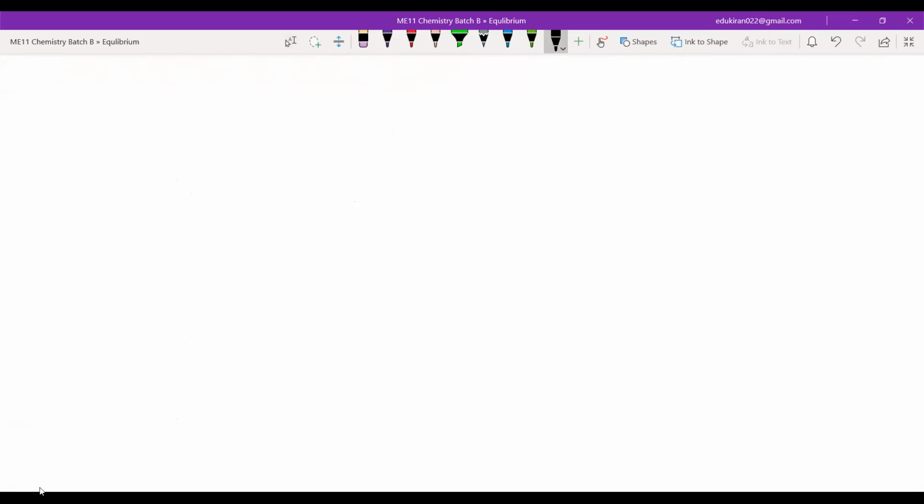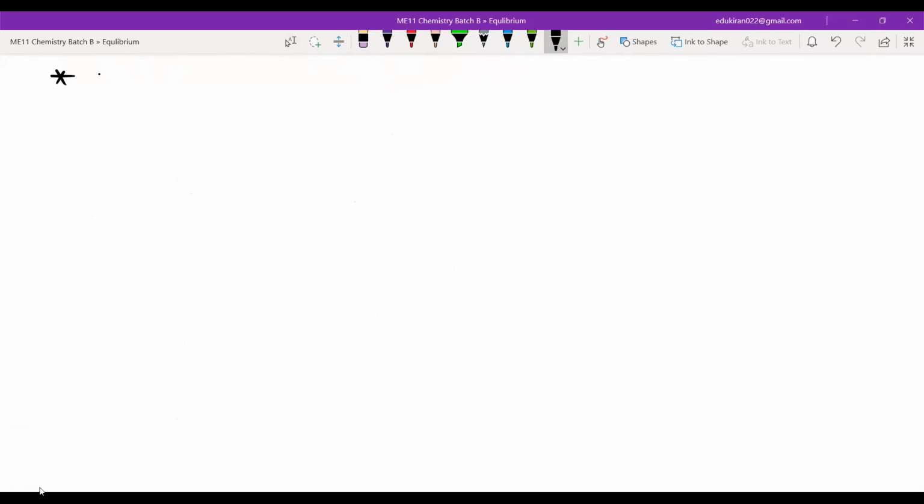Now let us move on to writing what is an electrolyte. As I said, NaCl does not conduct electricity in solid state, but in aqueous state, or if you liquefy it into molten state, it will conduct electricity. Now these types of substances are known as electrolytes.